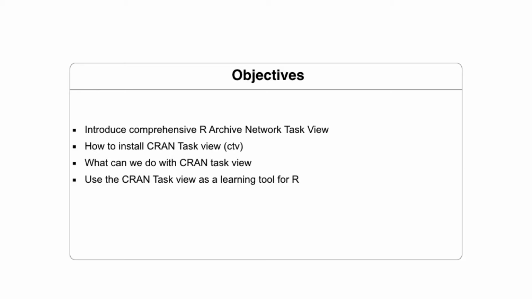And one thing that I'd really particularly emphasize in this module is that you can use the CRAN task view as a very powerful learning tool for R, because there are many different ways in which you can learn R. One way to learn R is to read the help.start command, and then you read the entire manual, the RTFM, read the fine manual or read the full manual.